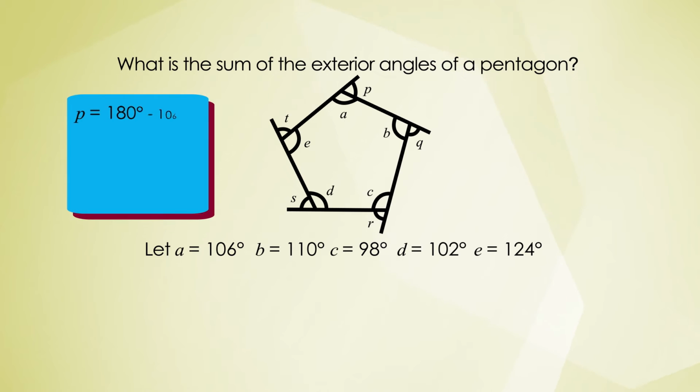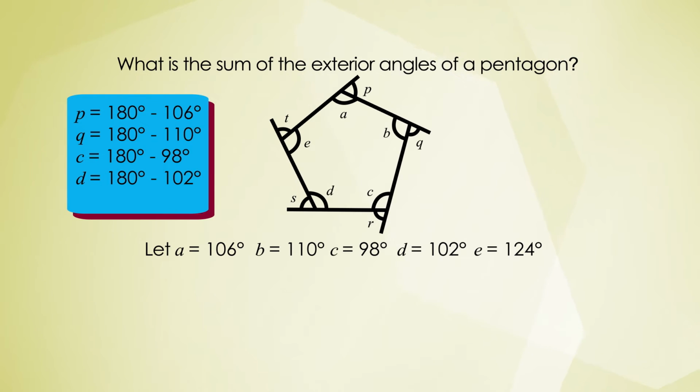Angle P is 180 degrees minus 106 degrees. Q is 180 degrees minus 110 degrees. R is 180 degrees minus 98 degrees. S is 180 degrees minus 102 degrees.